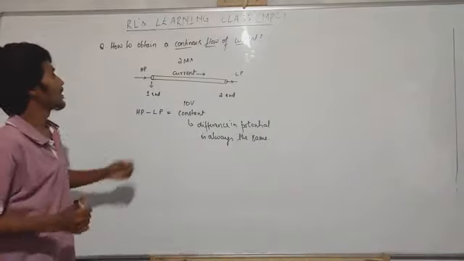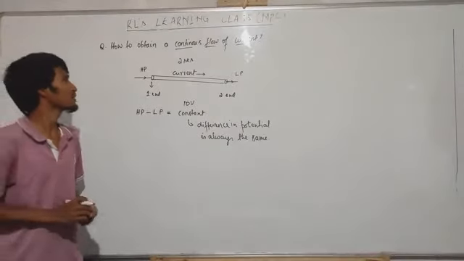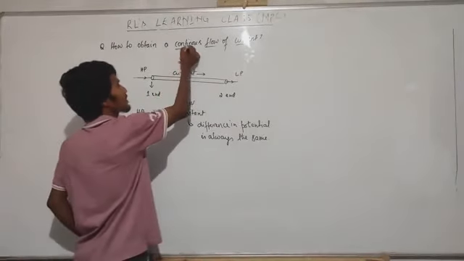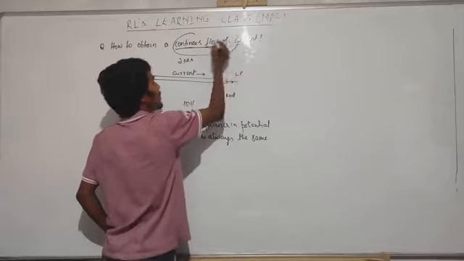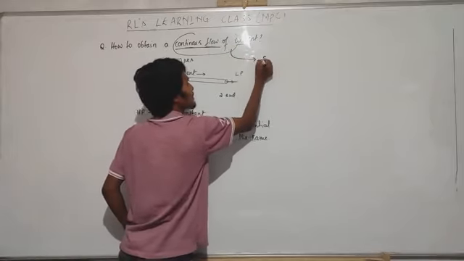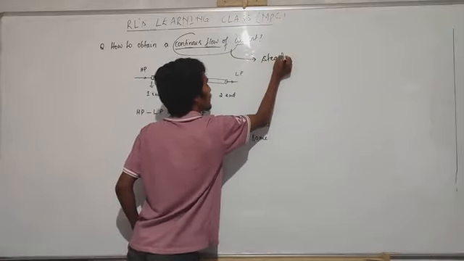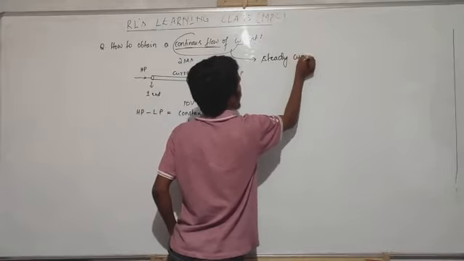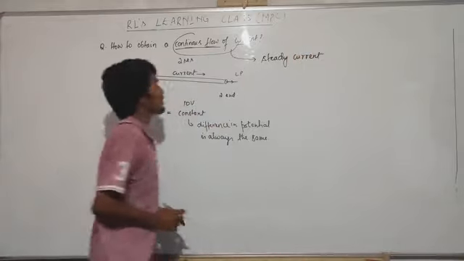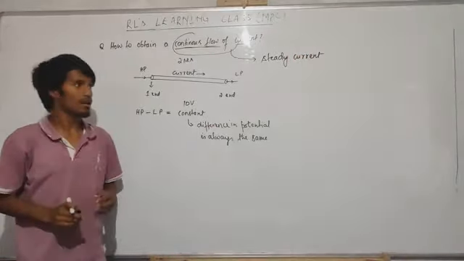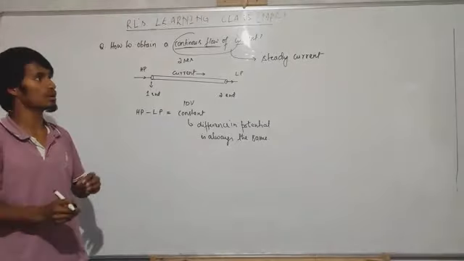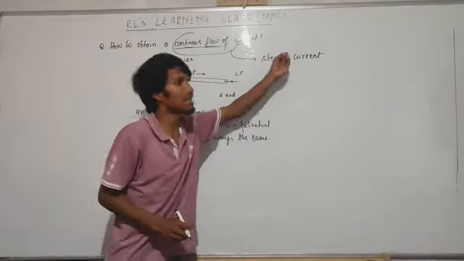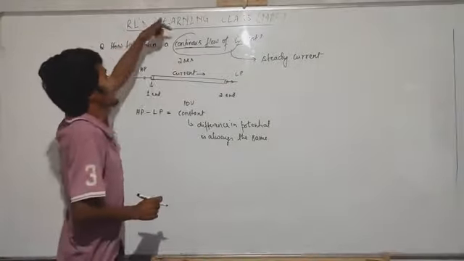Now, how to obtain continuous flow of current? What's the other name of continuous flow of current? It is called steady current. If they ask how to obtain a steady current, it means the same as how to obtain a continuous flow of current.